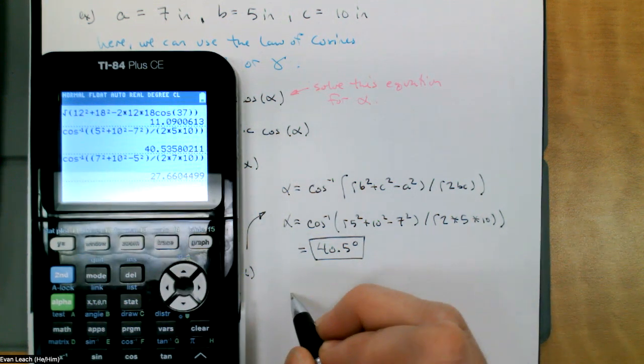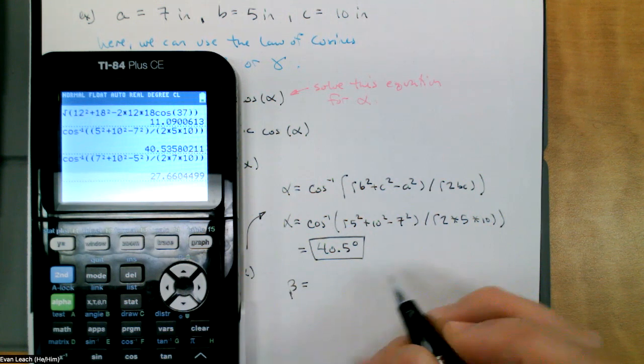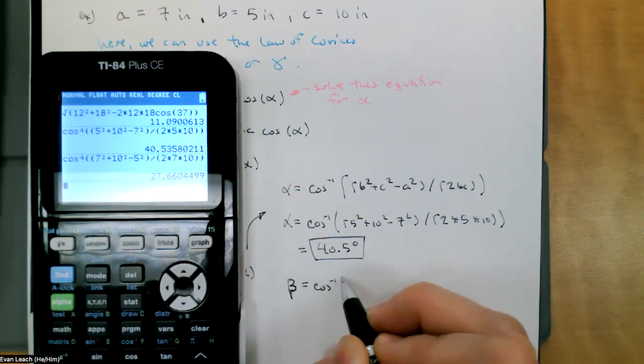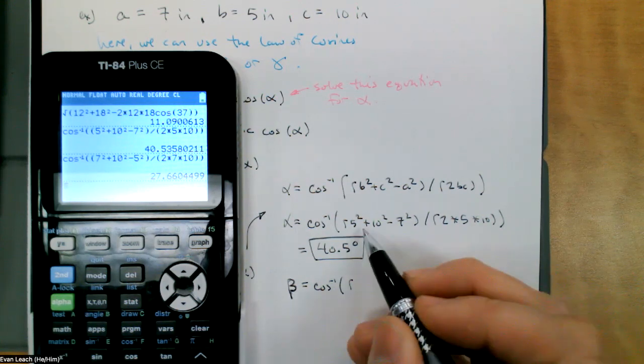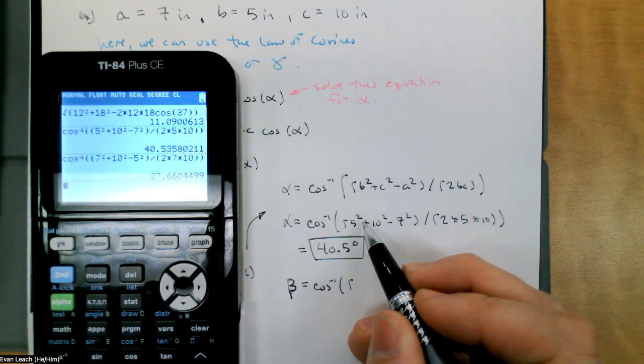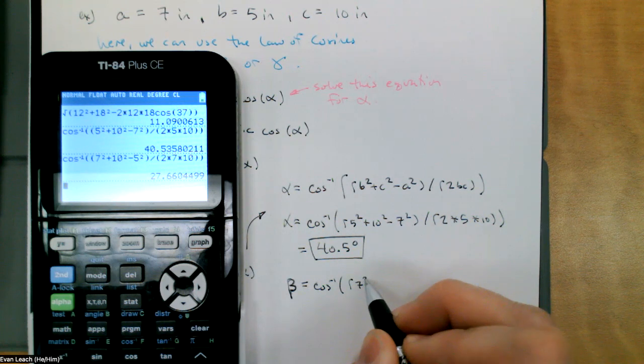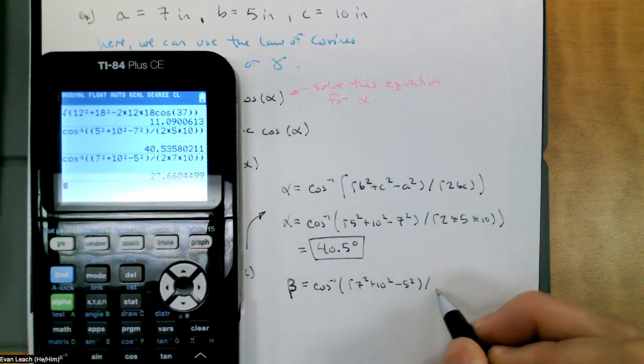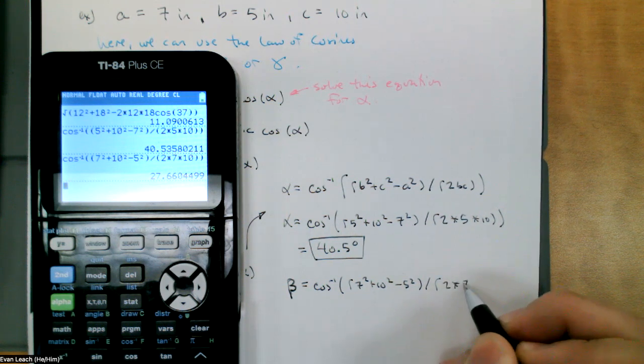So beta is going to be cosine inverse of 7 squared plus 10 squared minus 5 squared, where 5 is the negative one, close the top, divided by open the bottom, 2 times 7 times 10.